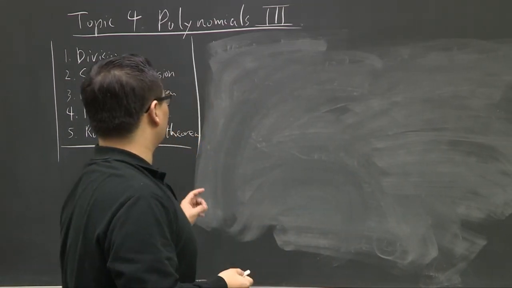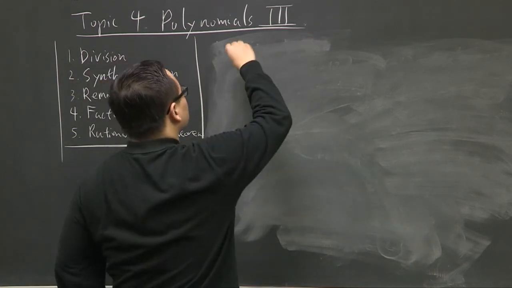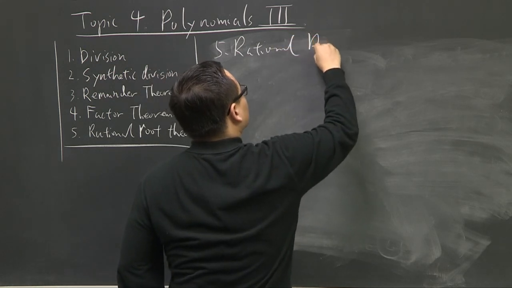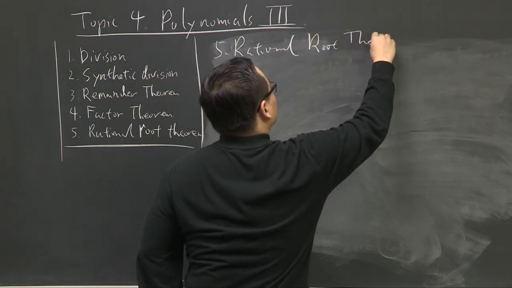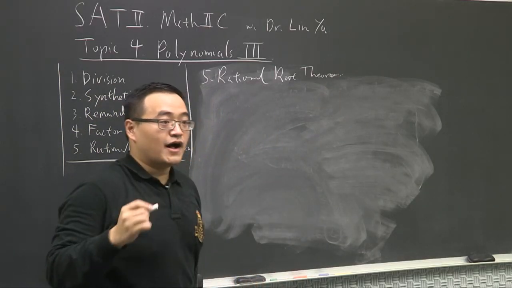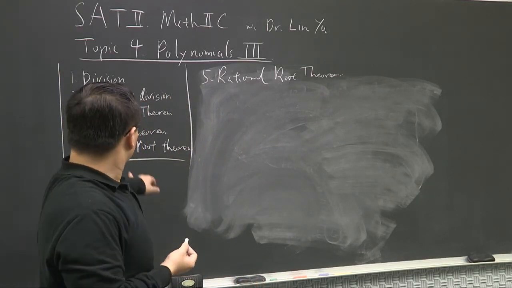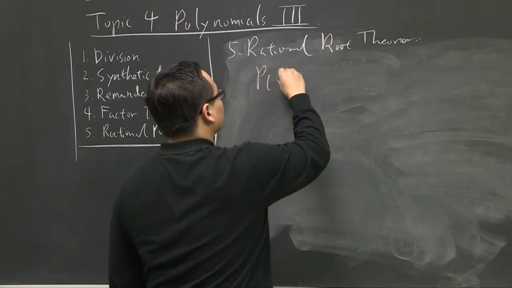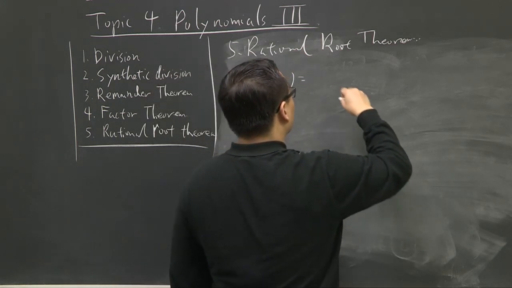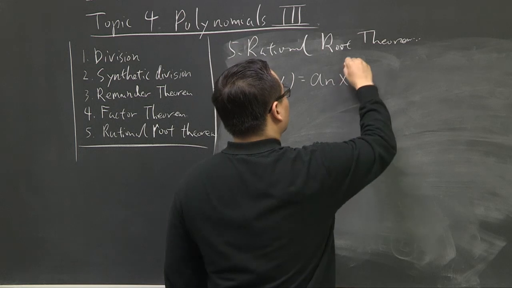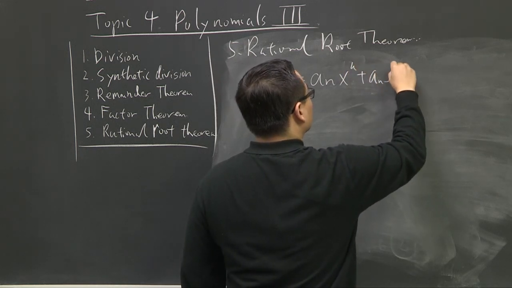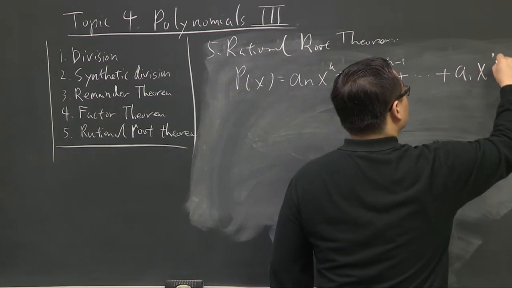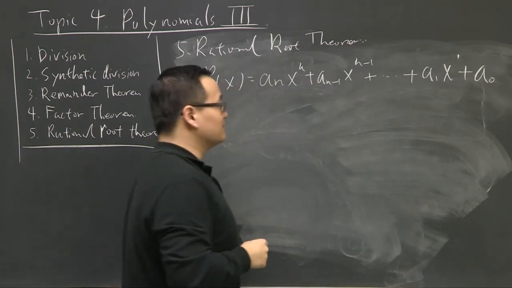The rational root theorem says, if you have a polynomial, let's write it this way: a_m x^m plus a_(m-1) x^(m-1) plus all the way to a_1 x^1 plus a_0. This is your generic polynomial.